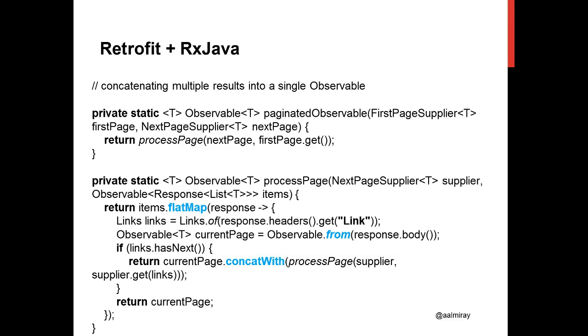And instead of being an observable of list of repository, we want it to be an observable of repository. So this is the reason why we have these two operations: concatWith, so that we can keep pushing different observables together, and flatMap, which is the one that removes the list and pushes every repository as a single event over the observable.